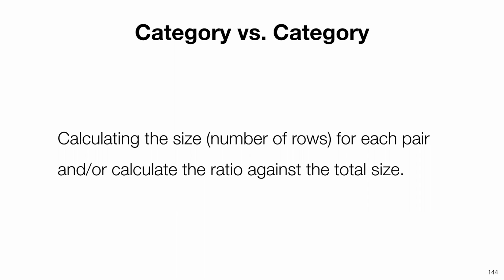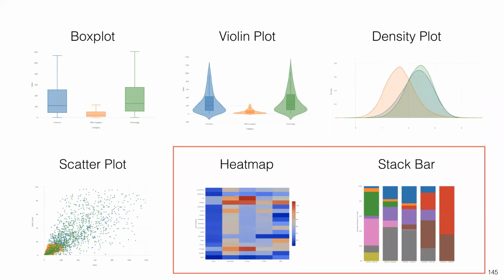And then you can visualize the size itself, but even better is that you calculate the ratio against the total size. And then these are the two types of charts.